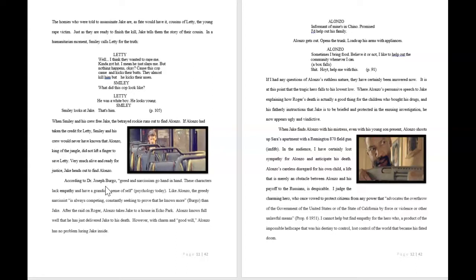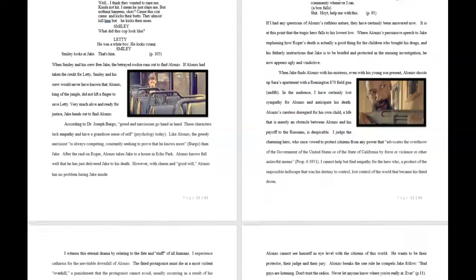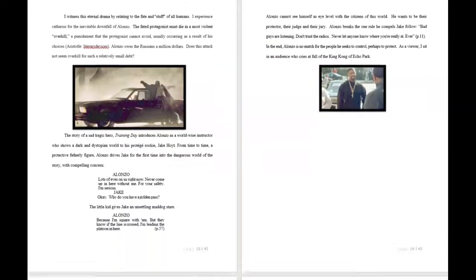Yeah, very simple. It doesn't look simple, but it's so simple that you think, gosh, this is so simple. You say he's a narcissist, you have to prove he's a narcissist, so you find Dr. Joseph Burgo. Okay, so this section explains that he's a narcissist and that his greed also contributes to his downfall.